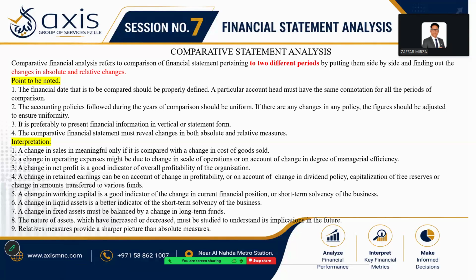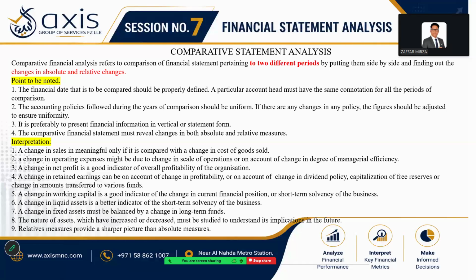Because of the change in net profit, we can understand the overall profitability of the business. The change in operating expenses will come due to the change in scale of operations or change in degree of managerial decisions.